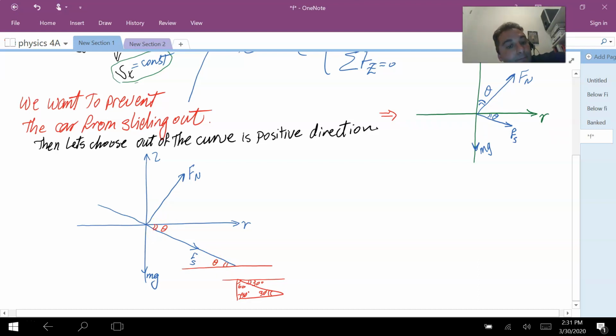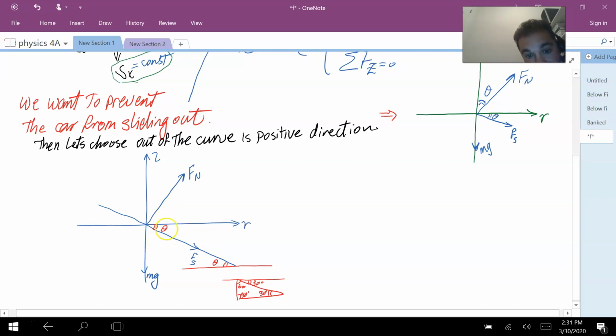Now, what I am going to have, we know Fn, this Fn is perpendicular on Fs. Here, Fn is perpendicular on this line. Now, total this angle is 90.